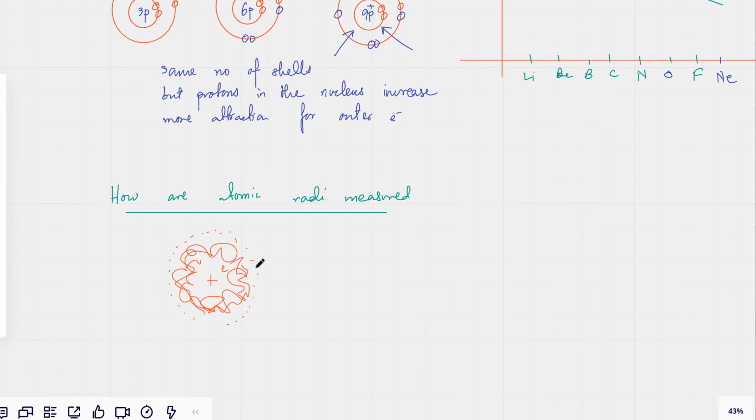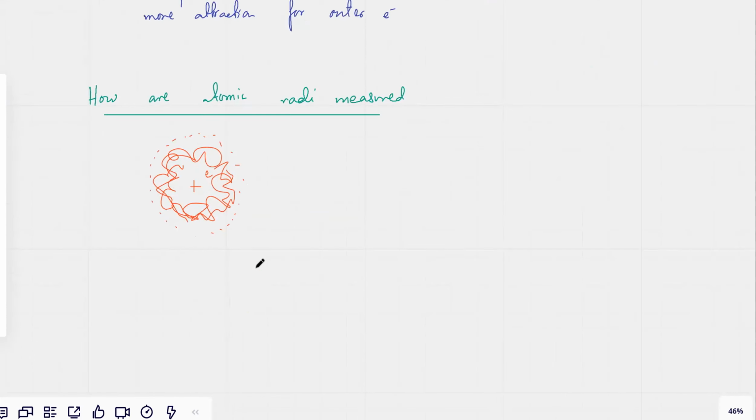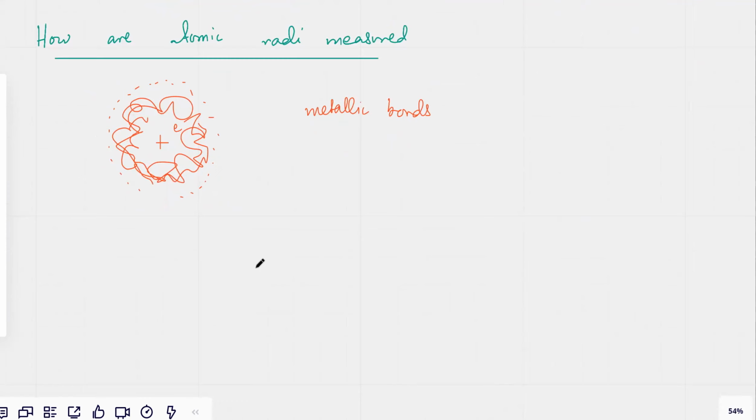So what they do is that the atomic radii are always measured like this. For example, if an element is forming metallic bonds, like sodium, the metals would lose electrons and form positive ions.